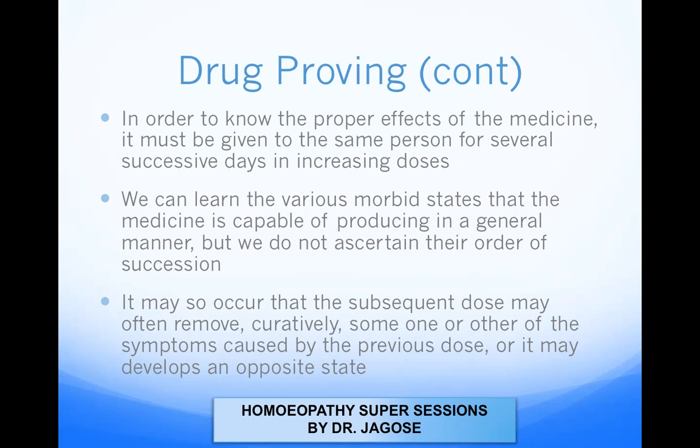So it may happen while drug proving that one symptom which is there may later be removed curatively, or an opposite state develops. Therefore, we do not ascertain the order of succession, but we can only know the capability of the medicine, what symptoms it is producing in a general manner.